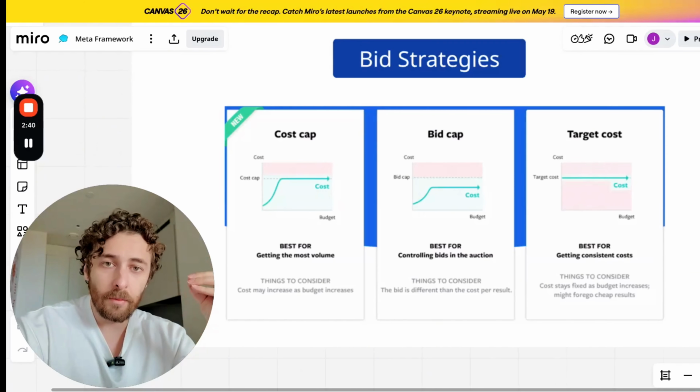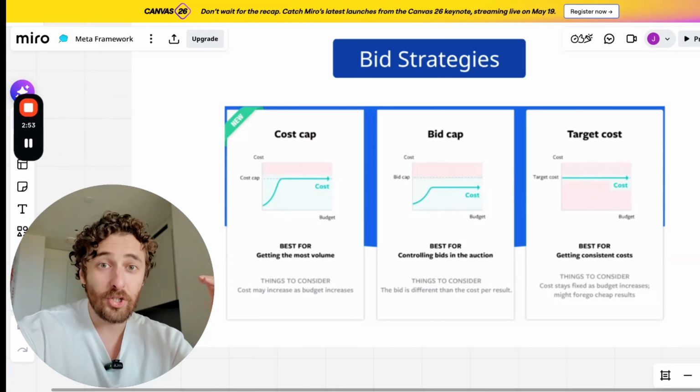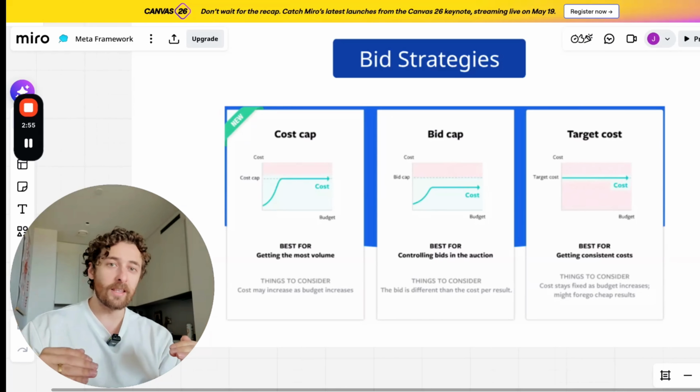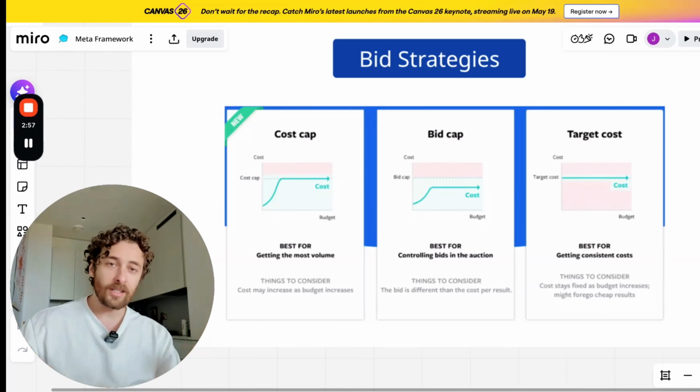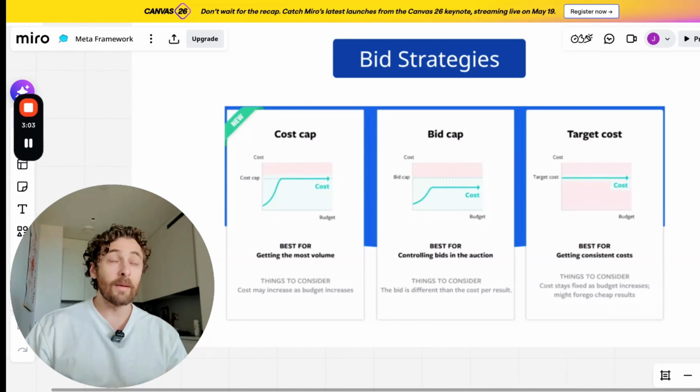So if you have, for example, a product where the average order value is £50 or $50, whatever, and you put a cost cap of $5, you're not going to get any sales. It's impossible because Meta is just saying there is no way for me to get this at this cost, so I'm not going to spend any money on it. So you do have to play around with the bid to see whether it makes sense or not.